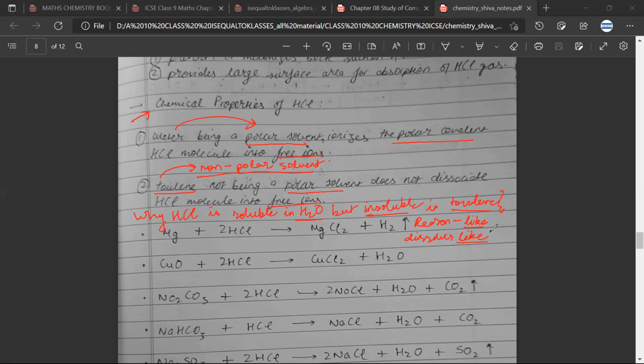The answer is that in the aqueous HCl solution there are free ions, because water has dissociated the HCl molecule into free ions. But in the case of the solution of toluene, it not being a polar solvent does not dissociate HCl gas into free ions, and for conductance of electricity, free ions are a must.